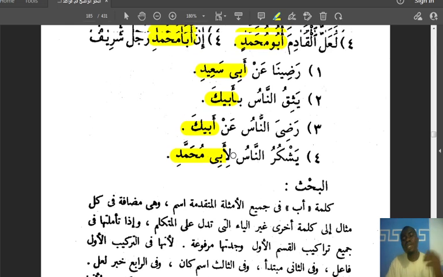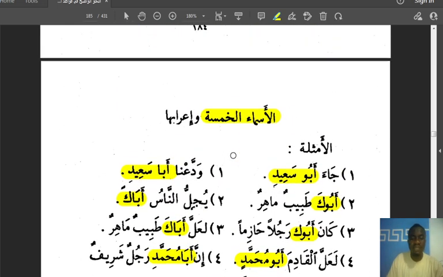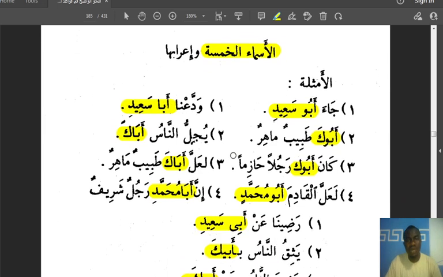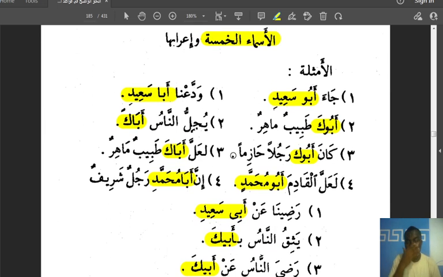Now, even before we come to the Sharh, you look at the changes of the word Ab. When you want to say your father, you can't say Abuke. We say Abuka, Abaka, Abika. So the word Ab will now be ending with either waw, alif, or ya.